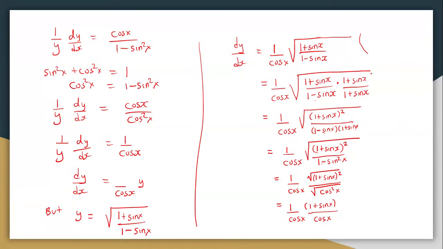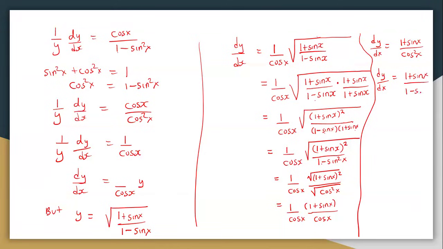So at this point now, you are going to ask yourself, what is cos x times cos x? So this is going to be dy dx equals 1 plus sine of x over cos squared x. Now, once you reach there, you go back again. You ask yourself, but what is cos squared x? This is dy dx equal to 1 plus sine of x divided by cos squared, which is the same as 1 minus sine squared x.